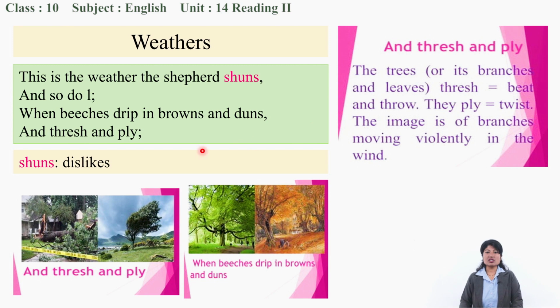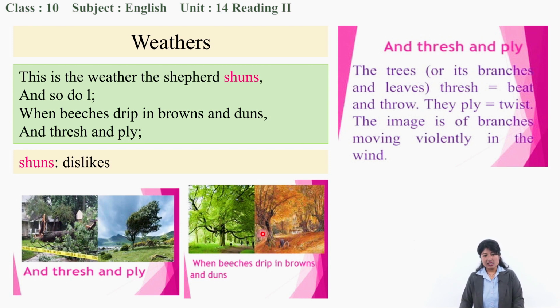Beeches are a type of tree. Here you can see beeches. When beeches drip in browns and duns, this picture exactly tells you what happens with the beech tree. See, in the spring season the beech trees are really green, and we like to look at this scene.